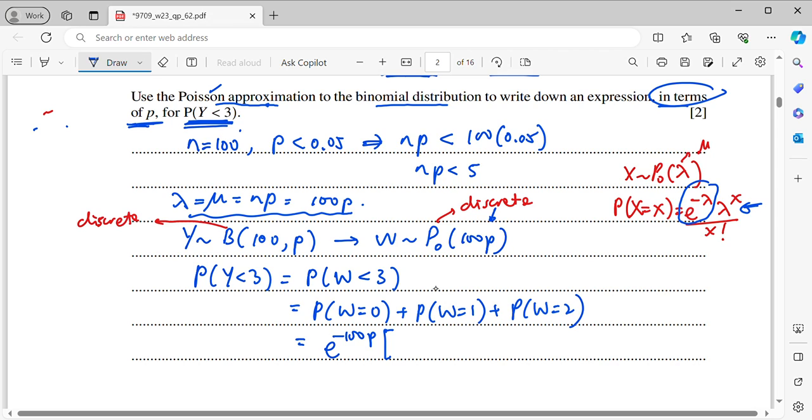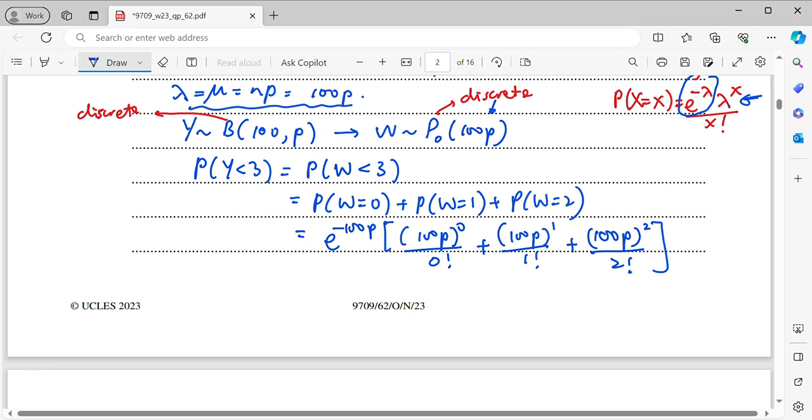Therefore, it will be 100p to the power 0 over 0 factorial, plus, since there is no negative over here, 100p to the power 1 over 1 factorial, plus 100p to the power 2, whereby the x is 2, over 2 factorial.